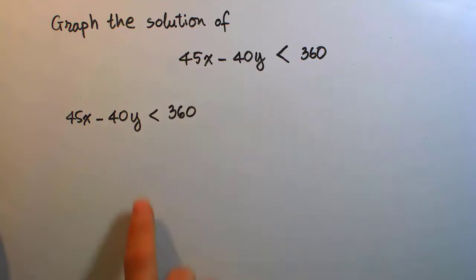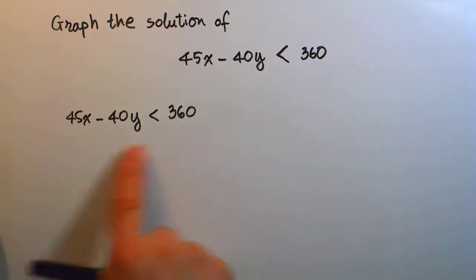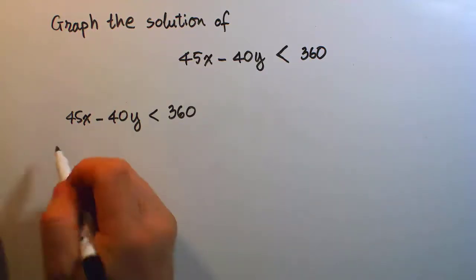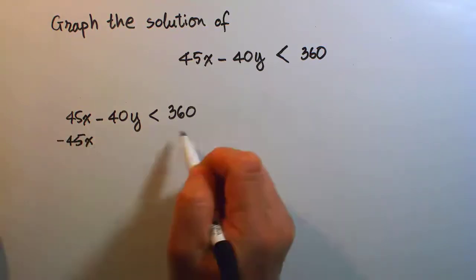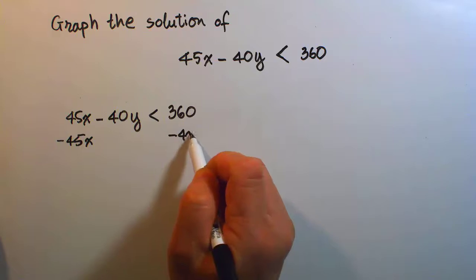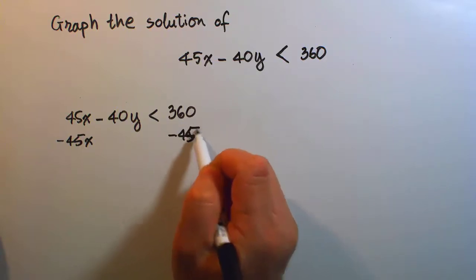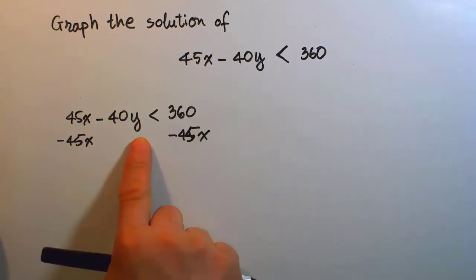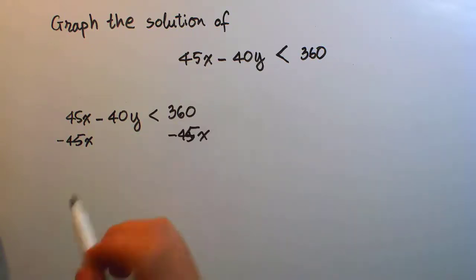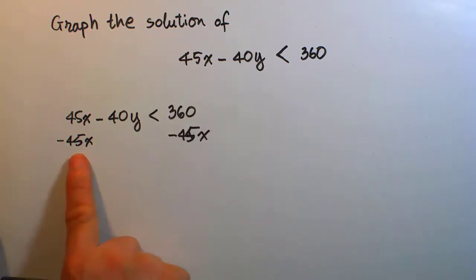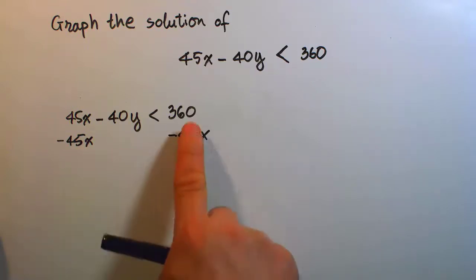My first step: I am going to subtract 45x from both sides, because I want to apply the steps that eventually leave only my y term on one side and everything else on the opposite side. So I'm trying to bring the 45x term to the opposite side.